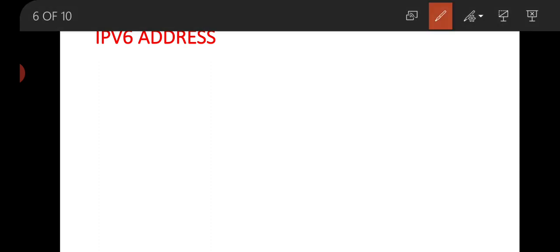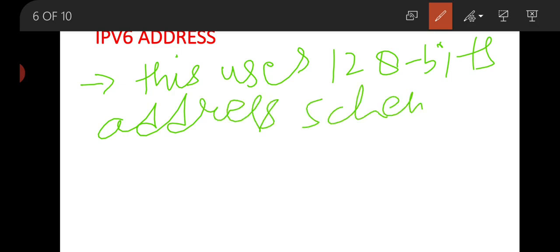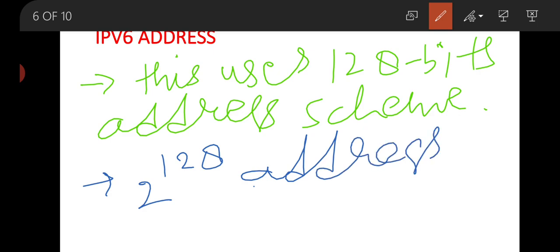Now we are going to IPv6 address. Let's see what the IPv6 address is and what the difference is between these two address schemes. The IPv6 protocol uses a 128-bit address scheme, and that's why it can allow 2 to the power 128 number of addresses.